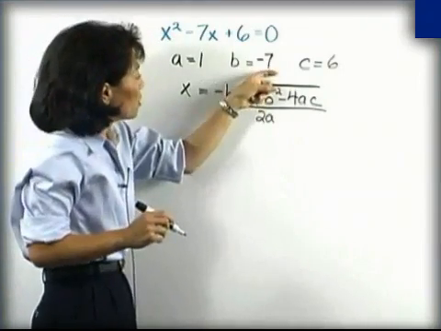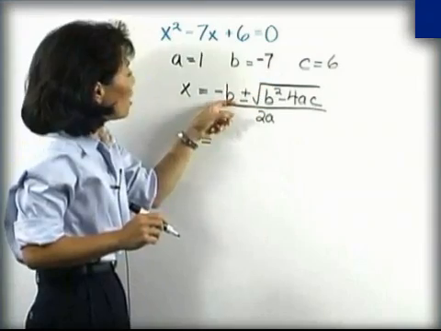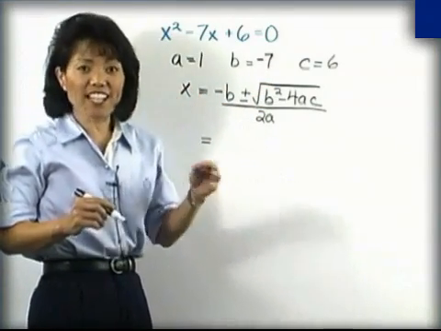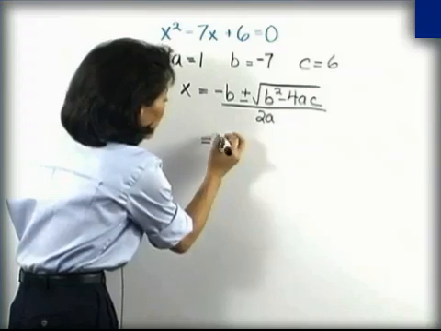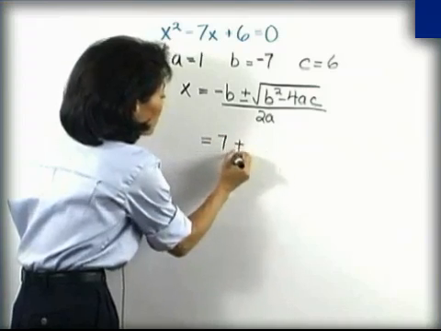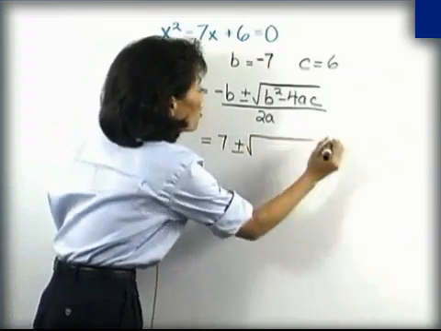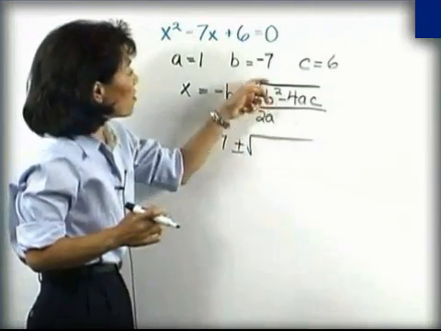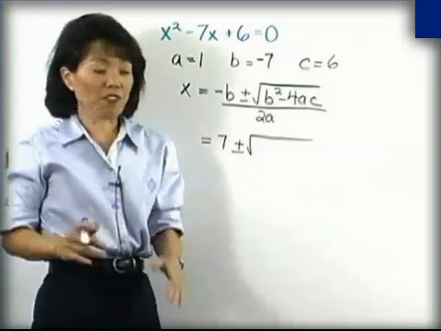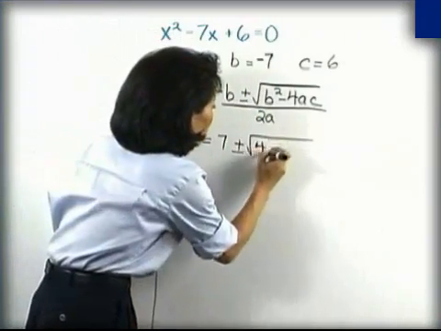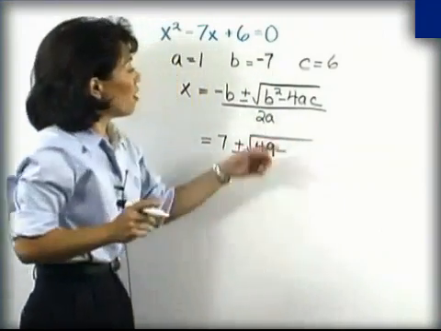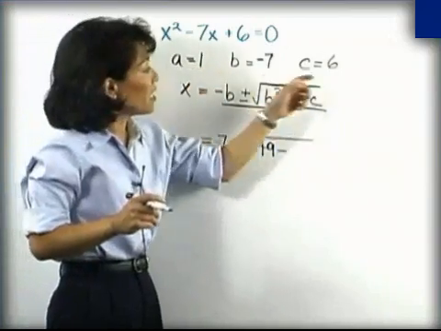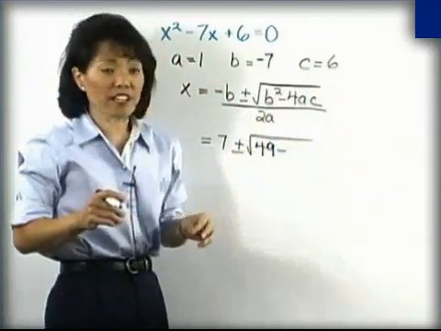So if we substitute in -7 for b, that gives us -(-7), which is +7, plus or minus the square root of b squared. B, remember, is -7. -7 squared is 49, minus 4 times a, which is 1, times c, which is 6.